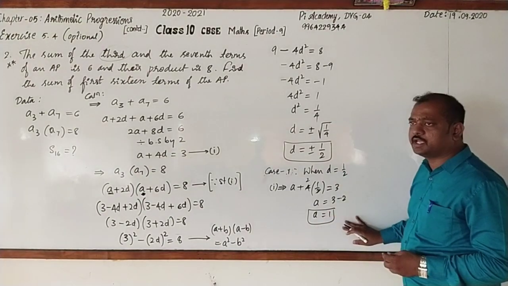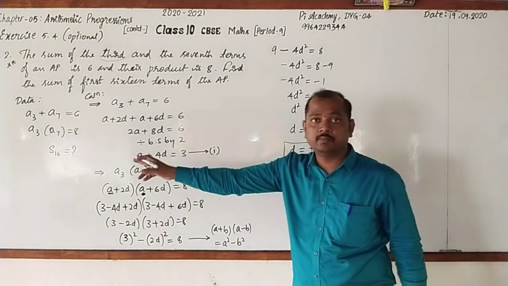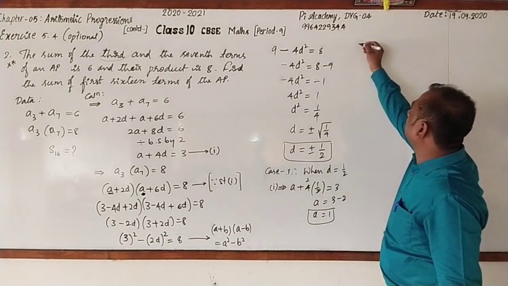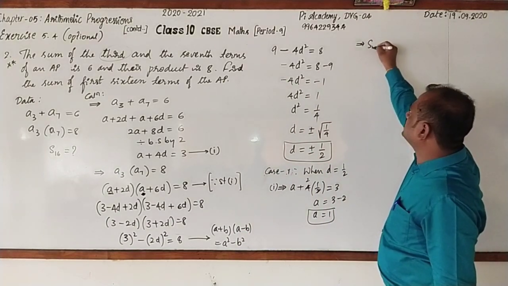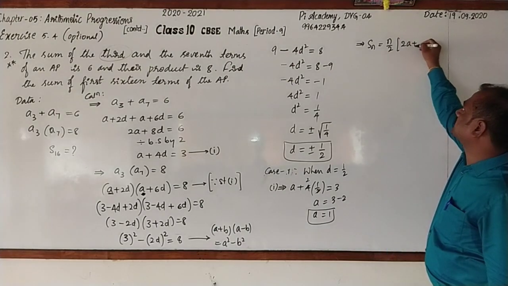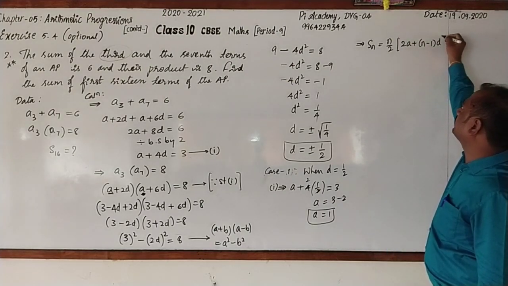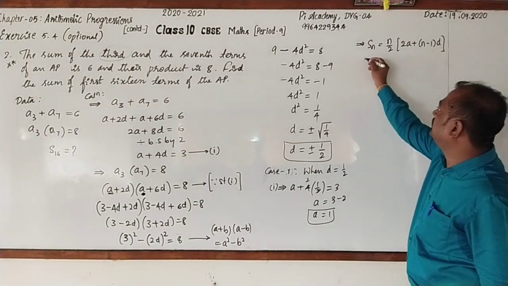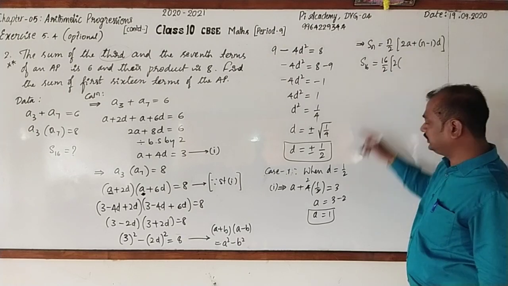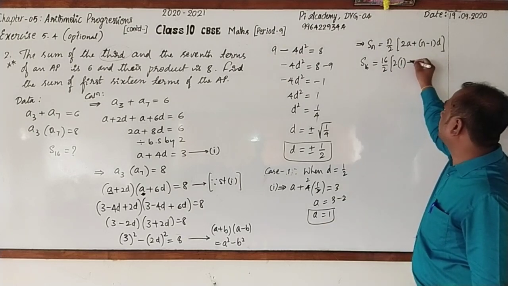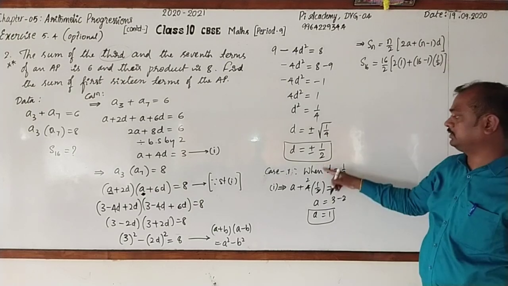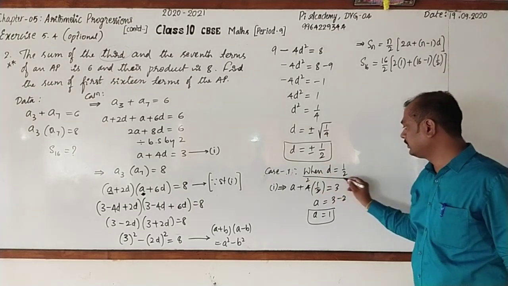Let us substitute the same in Sn formula. Because we have to find out S16. Here I write. Now Sn is equal to n by 2 into 2a plus of n minus 1 into d, right? Then S16 is equal to 16 by 2 into 2 into a is 1 plus of 16 minus 1 into d is, it is plus 1 by 2. Followed?